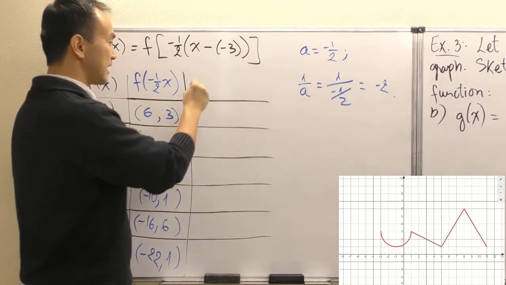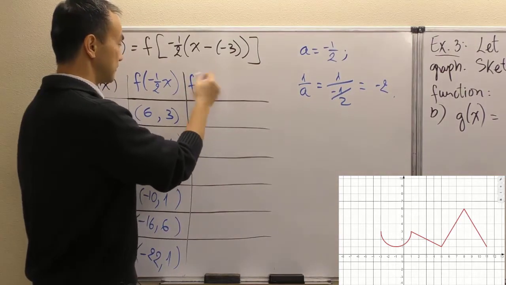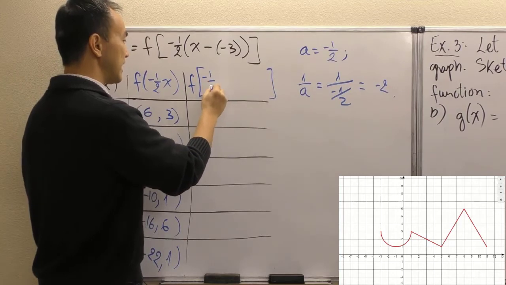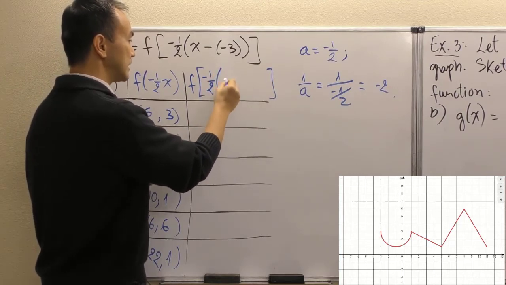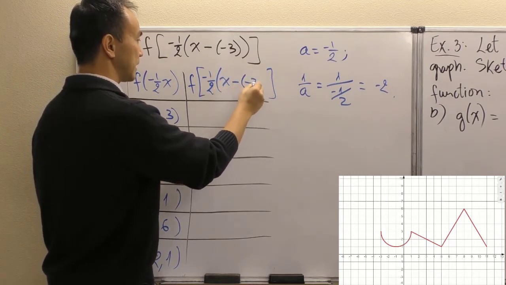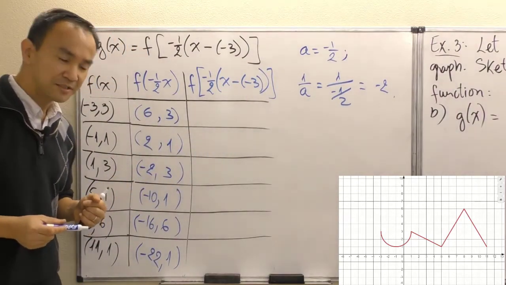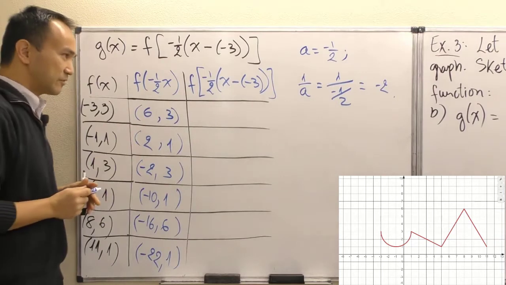So in my next column, I'm going to write f of, in brackets, -1/2 times, in parentheses, x minus -3. Now we're ready for that next step.